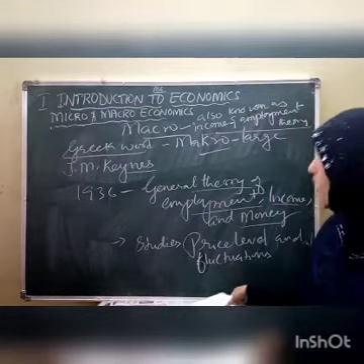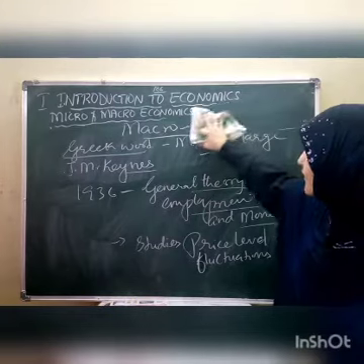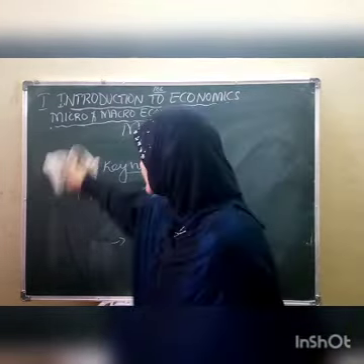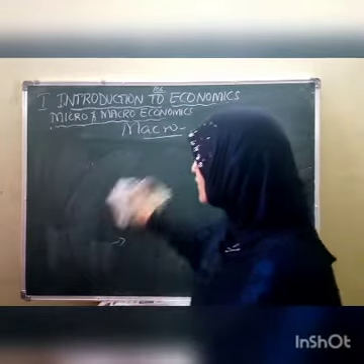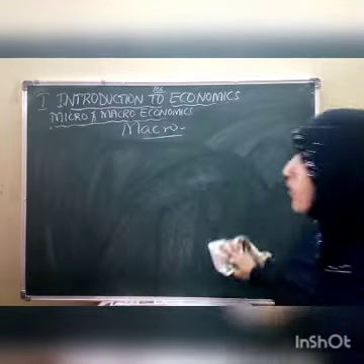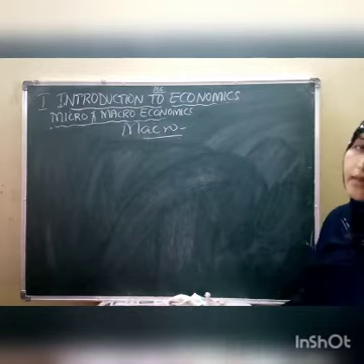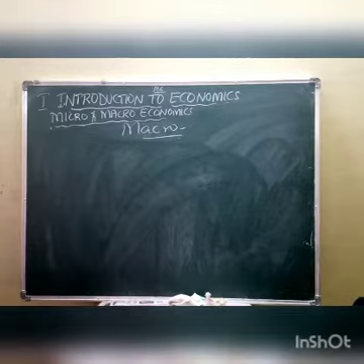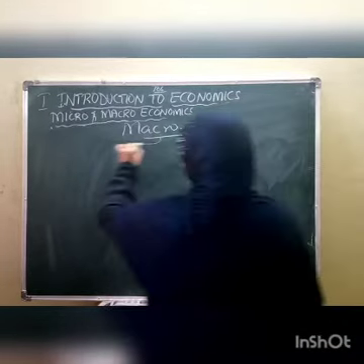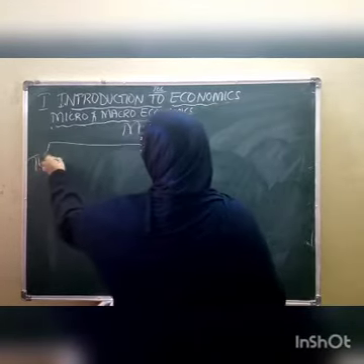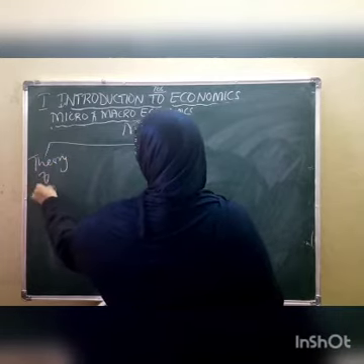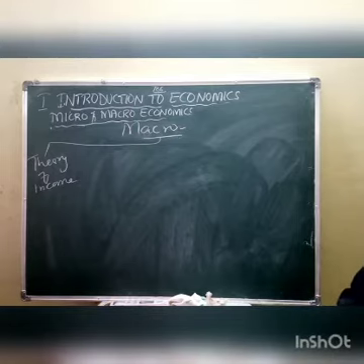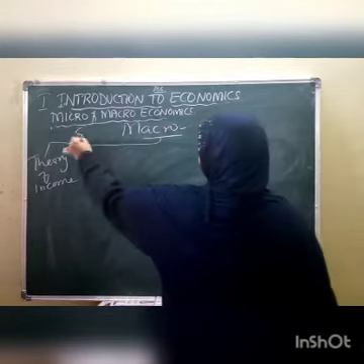Now we have to discuss the scope of macroeconomics, because this is a very big one, it deals with the whole country, children. What is the scope of macroeconomics? The first scope is the theory of income and employment.